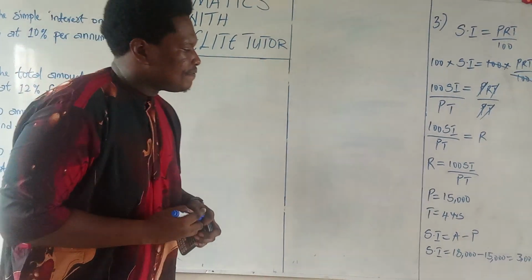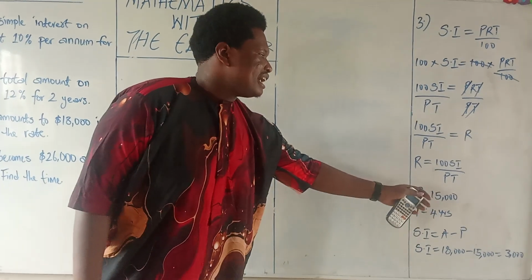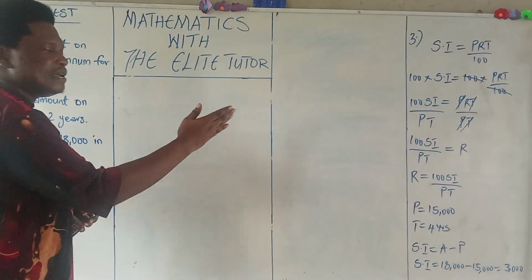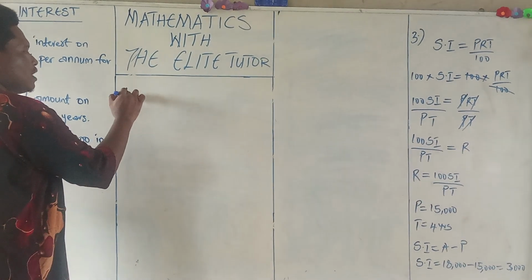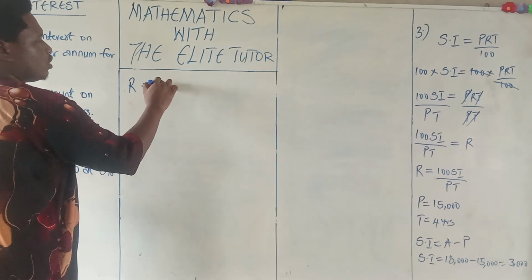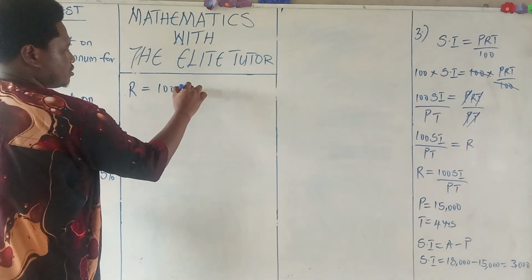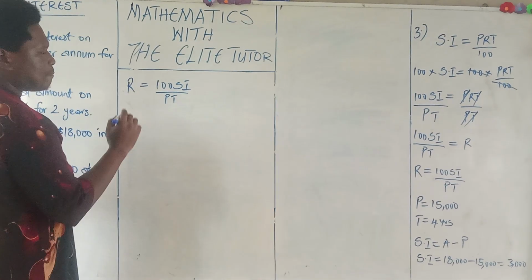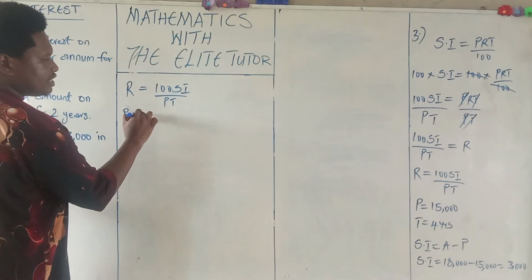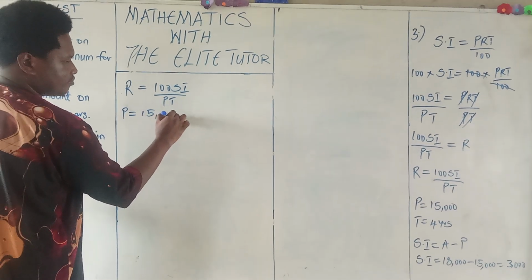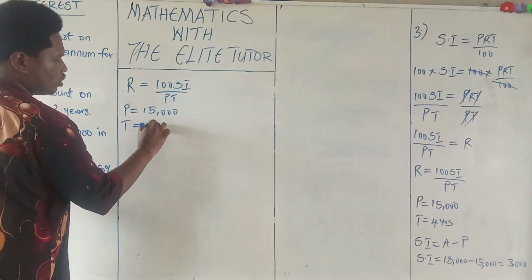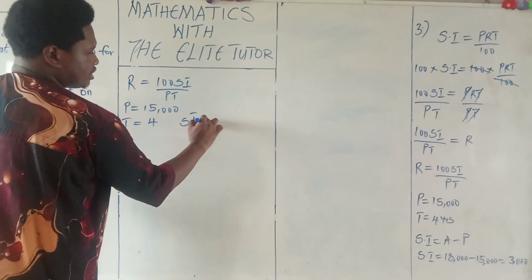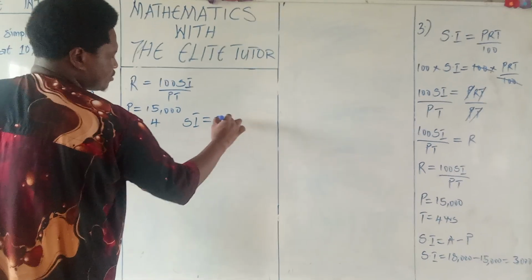So we are going to continue solving here. Don't forget we've ascertained our parameters, and then we are going to impute them into our rate, having made rate the subject. So we have that our rate is equal to 100 SI over PT. And here our parameters, we know that our P is equal to $15,000, our T is equal to 4, and our SI, simple interest, is equal to 3,000.